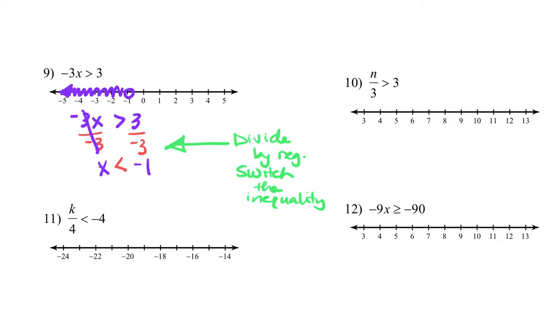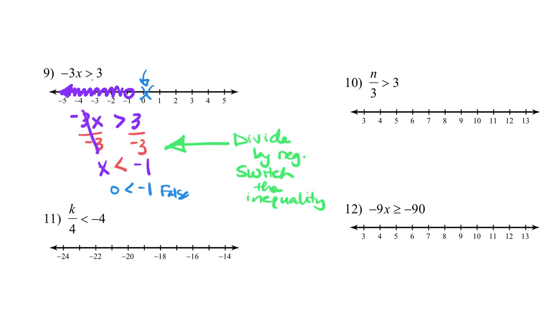If you're ever uncertain, you can test a point. I like to test a point in the original, because that way if I made a mistake in my inequality sign down here, I catch that. We can test it in both places. If I put a 0 here, I'm going to test this point right here, which should be false. Is 0 less than -1? 0 is not less than, it's greater than, so that would be false, and so it should not be shaded over here, and it's not.